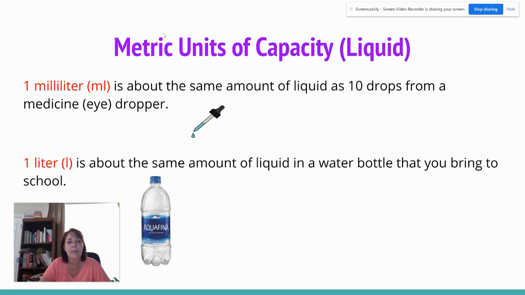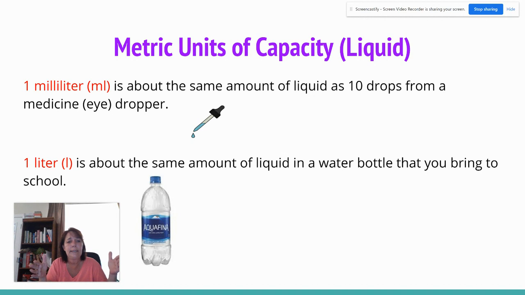Now, when we go back to the metric units, we're still going to think about liquid. Where most third graders get confused is the difference between a milliliter and a millimeter. Meter is the distance that we learned on Monday.